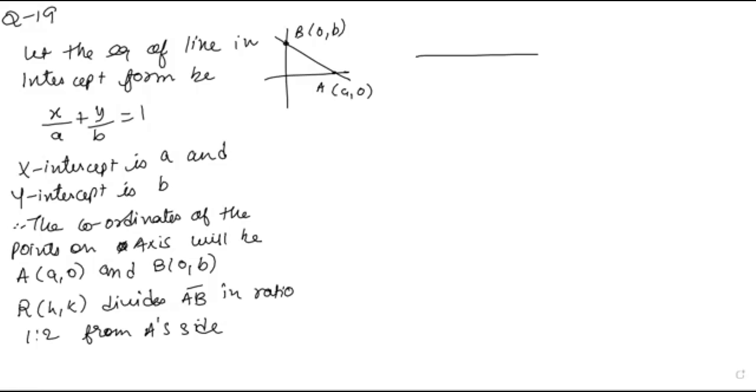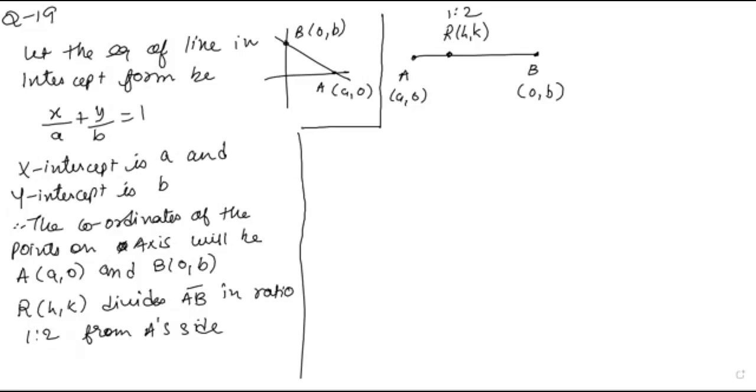So if I draw this, then this is my point A, which is (a, 0). This is my point B, which is (0, b). This is my point R (h, k), which is dividing in ratio 1 is to 2.